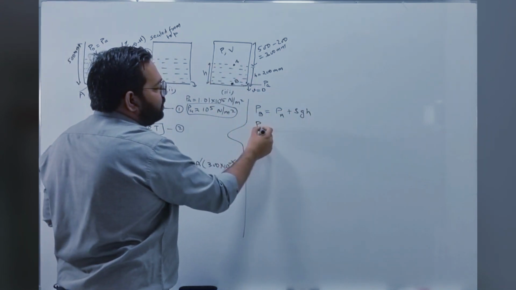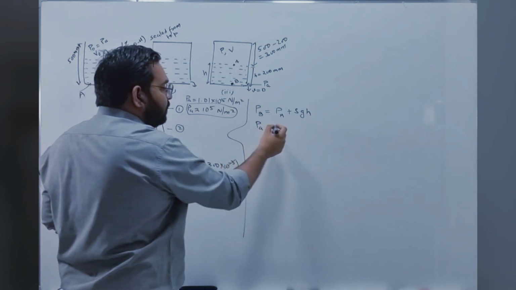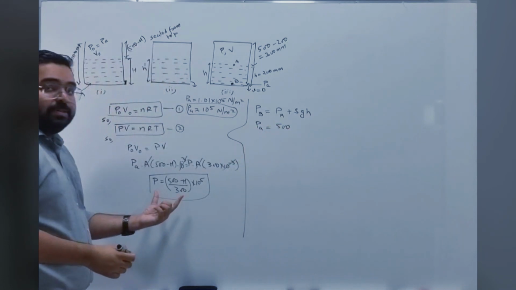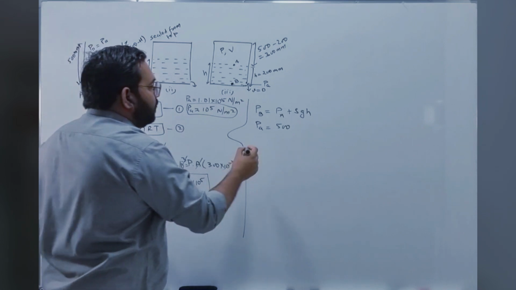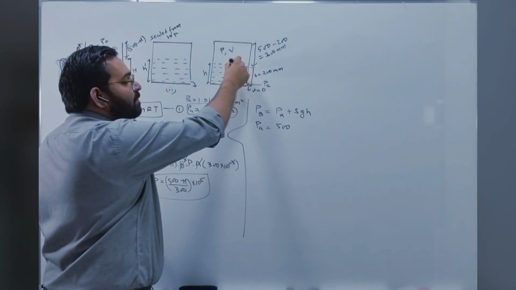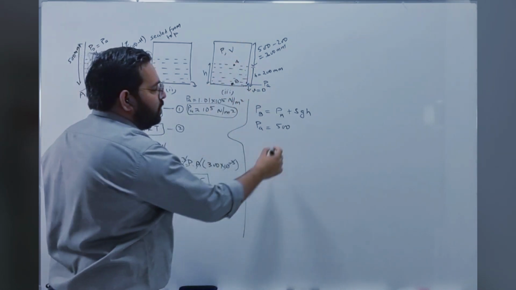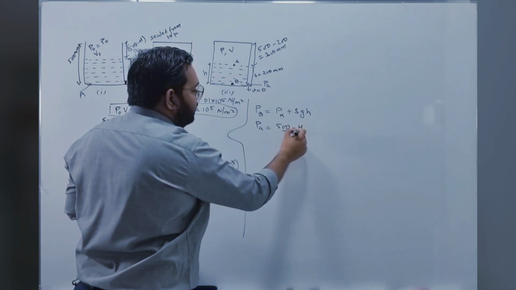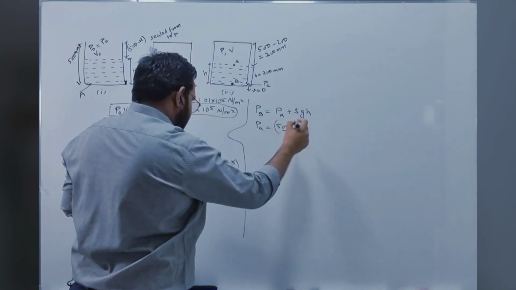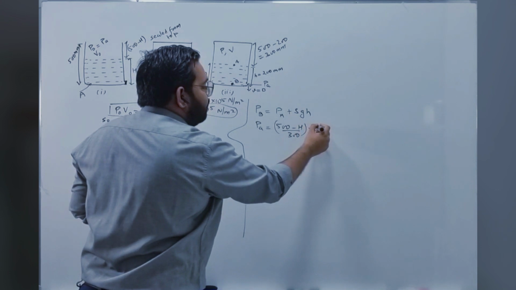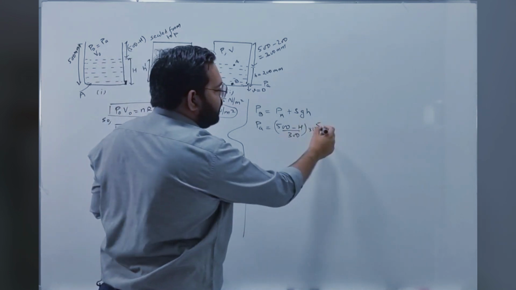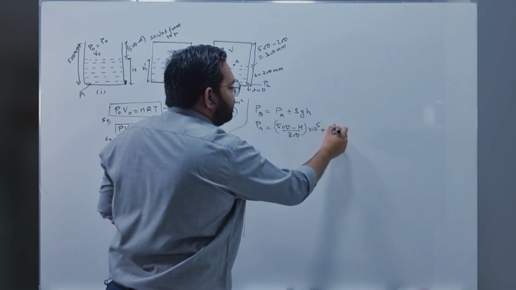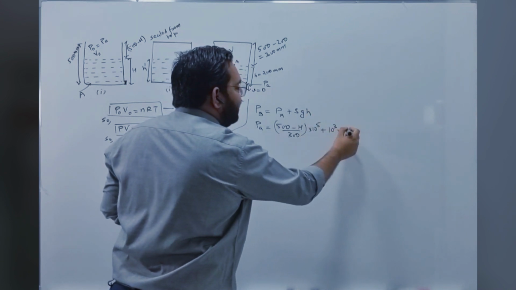PB is atmospheric pressure. PA we have already figured out. From here we are using PA. Over here, the pressure exerted would be same as pressure exerted by the gas. So 500 minus H by 300 into 10 to the power 5 plus density would be 10 to the power 3, G would be 10, and H is how much?